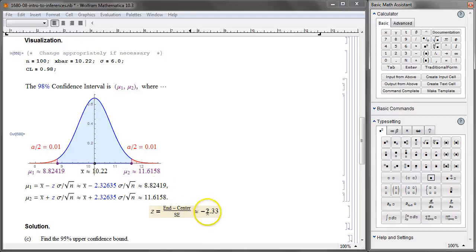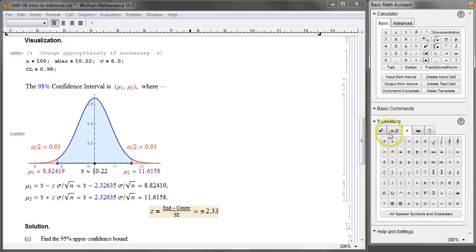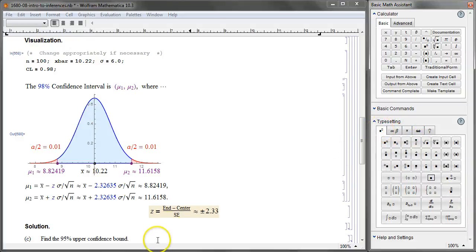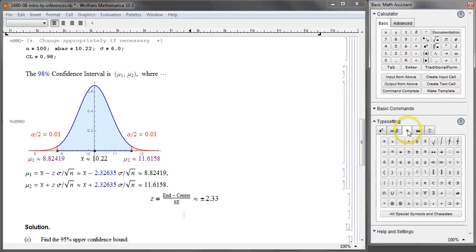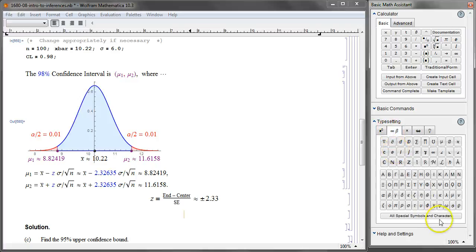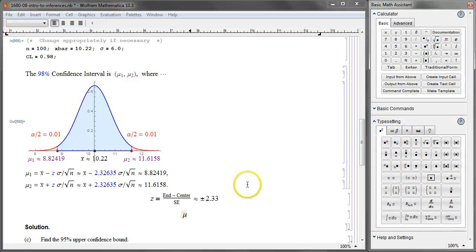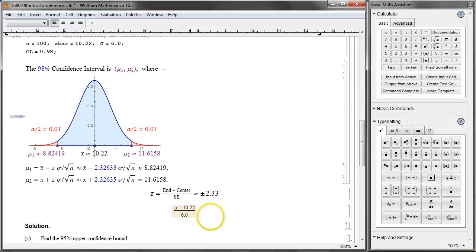So as usual, this will be plus or minus that, and we end up with this kind of equation. End will be mu. So mu minus 10.22 over the standard error we calculated before, 0.6, is approximately negative 2.33.